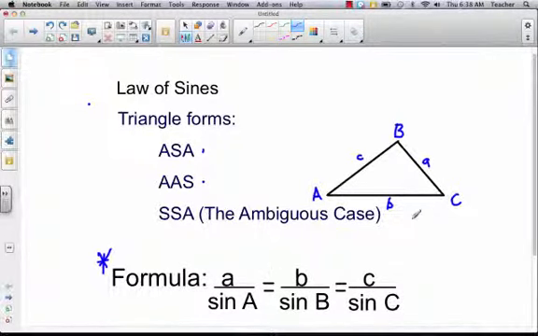Larger angles will be across from a larger side, so the ratios are going to be the same. We'll be using just two ratios in our different forms, and we'll look at three different examples today where we're solving for either a missing side or a missing angle.